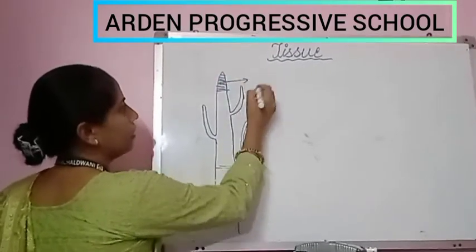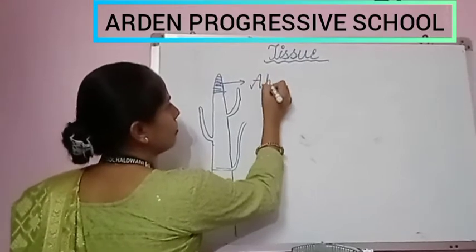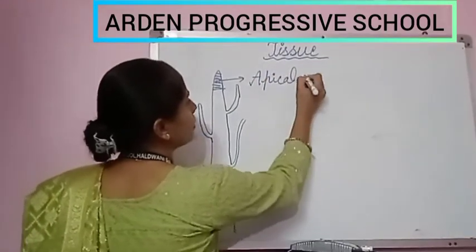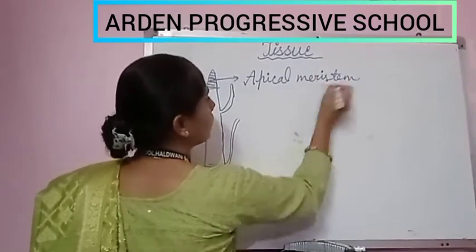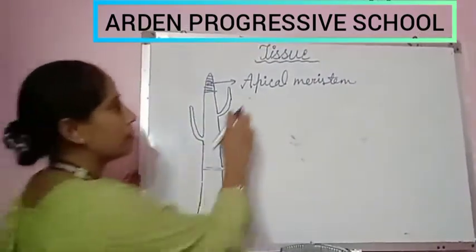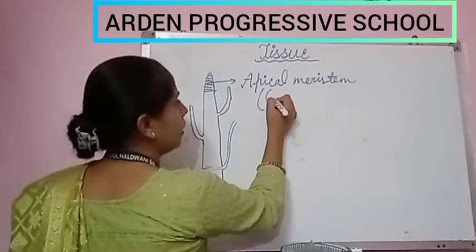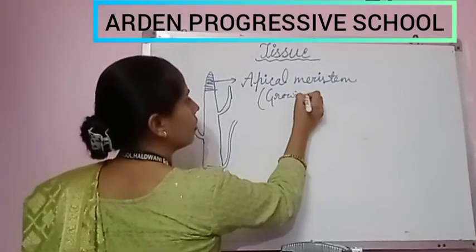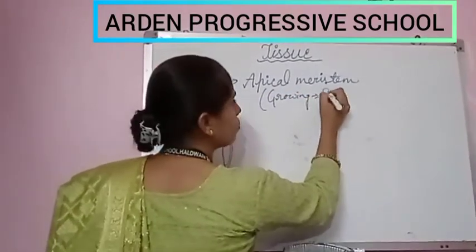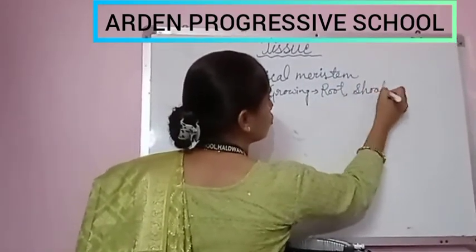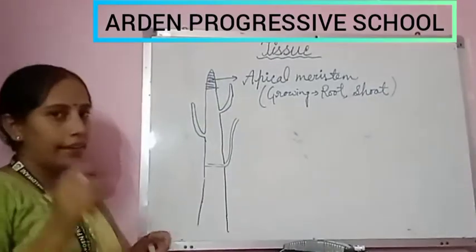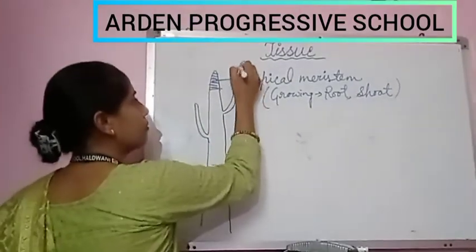It is the growing region. Clear? So apical meristem is present in the growing region, whether it is root or shoot.